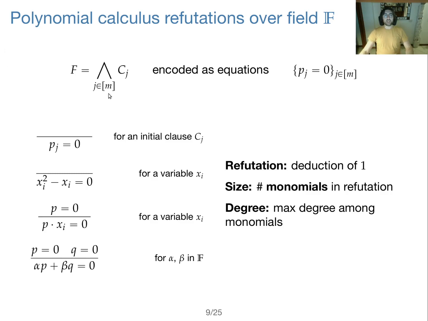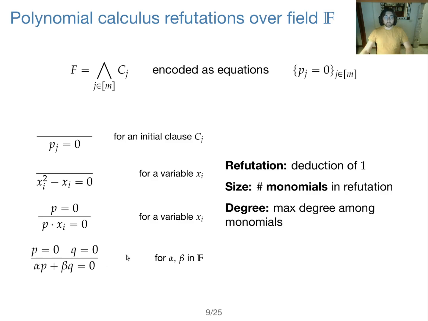Given the initial CNF, all the clauses are encoded as polynomial equations, and a line in polynomial calculus is either one of the initial equations or is a Boolean axiom, an axiom that says that the variable can only be 0 or 1 valued. Or, if we have a polynomial equation, we can multiply it by a variable.